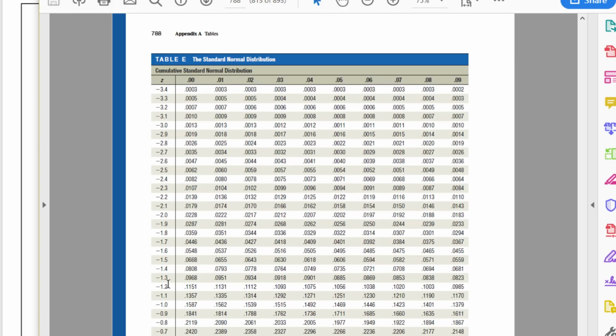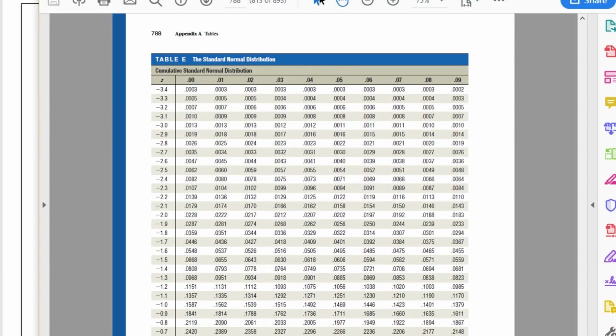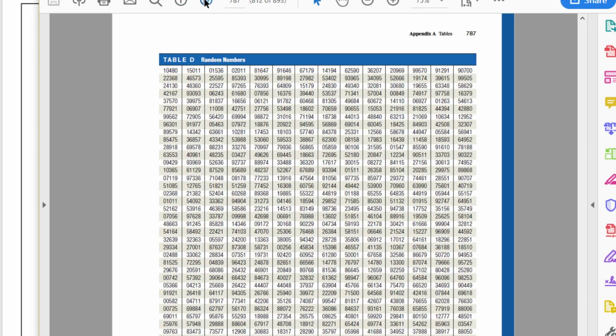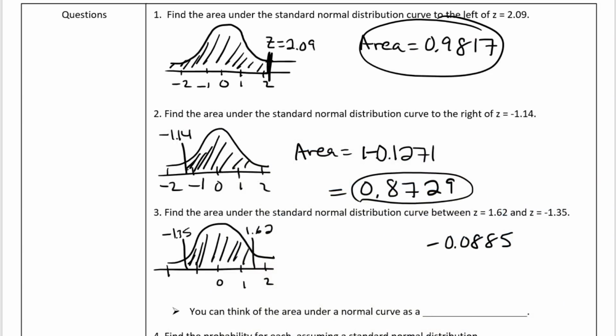So negative 1.35: 0.0885. And then we've got 1.62: 0.9474. All right, so we always subtract the bigger one and then the smaller. So bigger minus smaller.